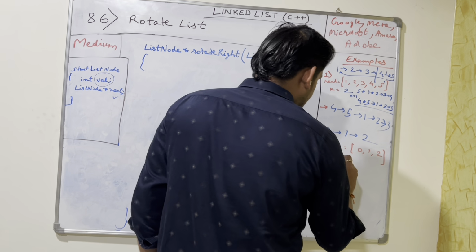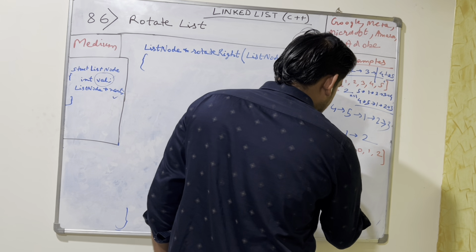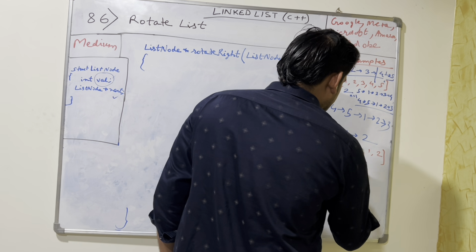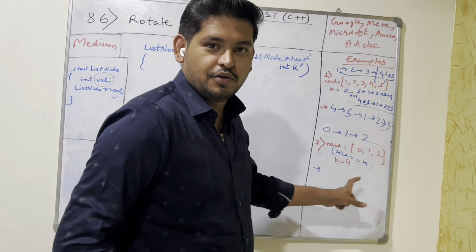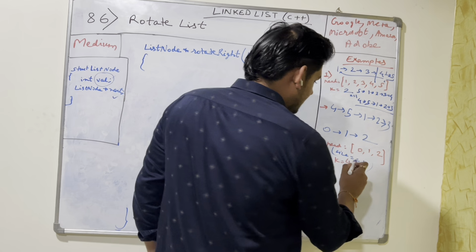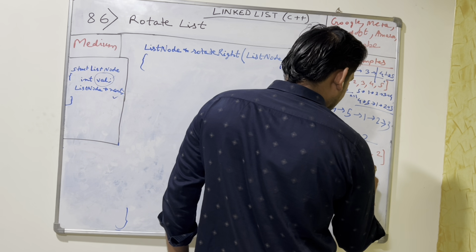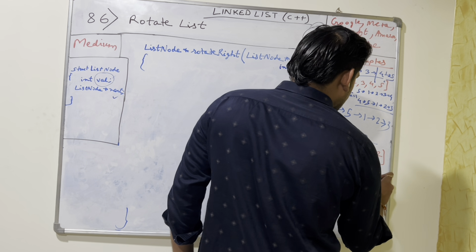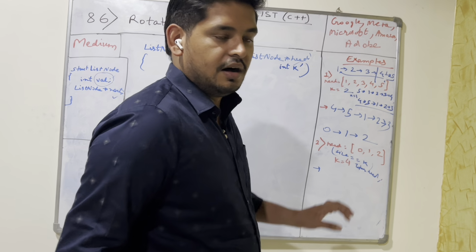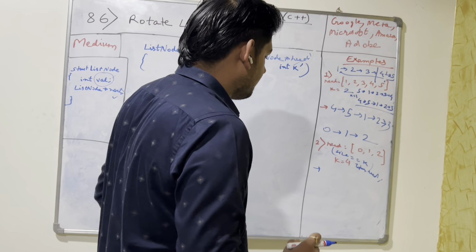So when the size of the linked list is equal to k, there is actually no rotation, and we return the same list, return head. We don't need to make any change to the next pointers.